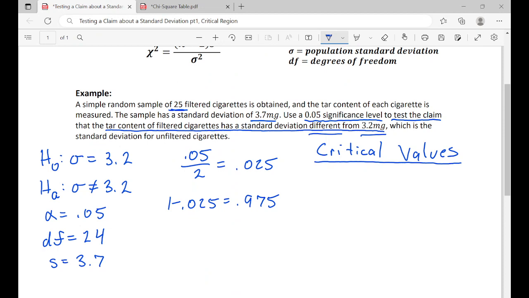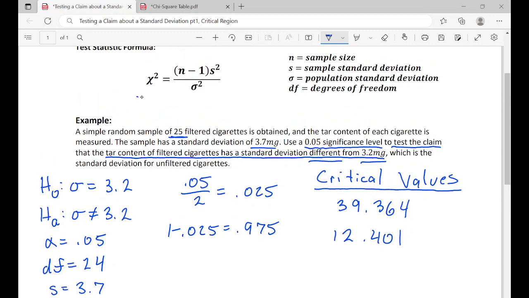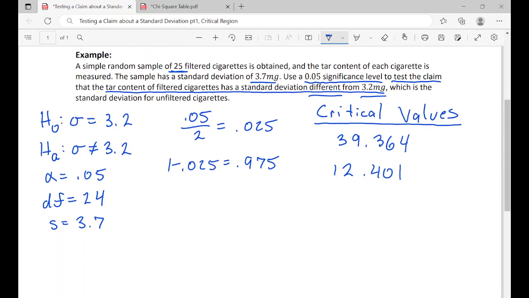So we're going to have 39.364 and 12.401 as our critical values. Now we still have to find our test statistic, and we find that by this formula right here. We just plug in what we know for n, s, and sigma, and that'll give us our test statistic.